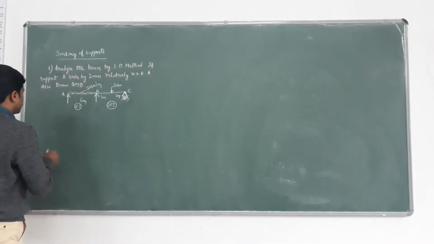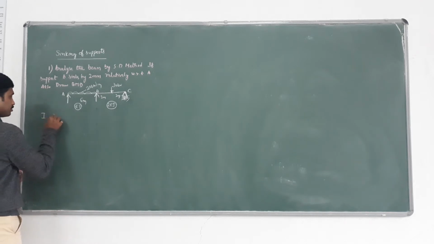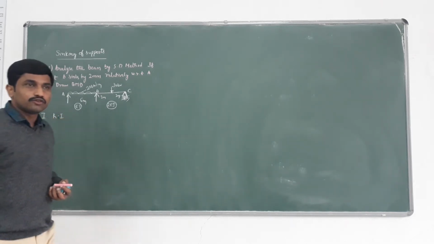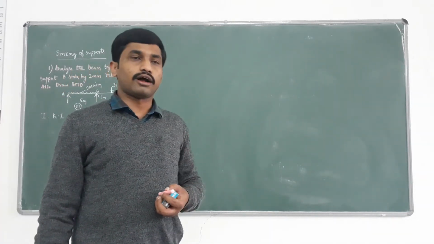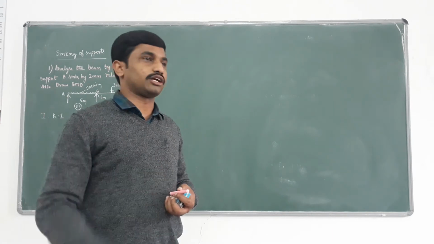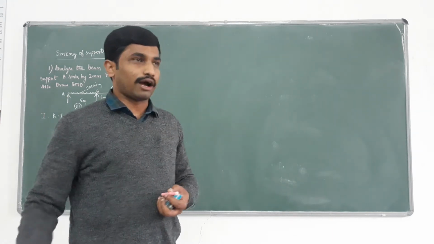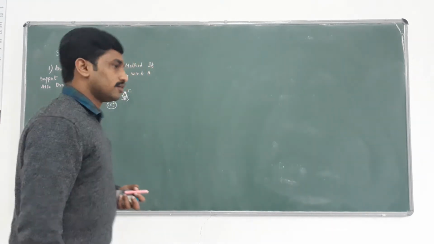As I told you, the very first step is determination of kinematic indeterminacy. Depending on kinematic indeterminacy, we determine the unknowns, and by substituting those unknowns in the slope deflection equation, we get the final end moments.